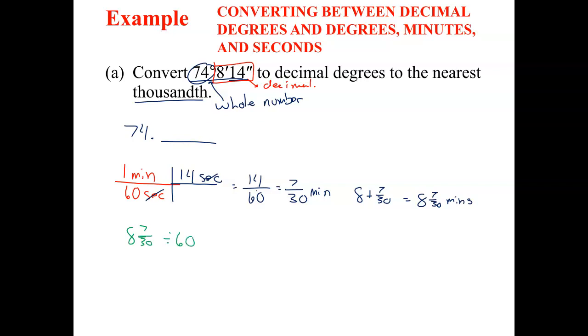Since it wants us to round, we can go ahead and do this calculation, and we can round. So, with the calculator, 8 7/30 divided by 60.